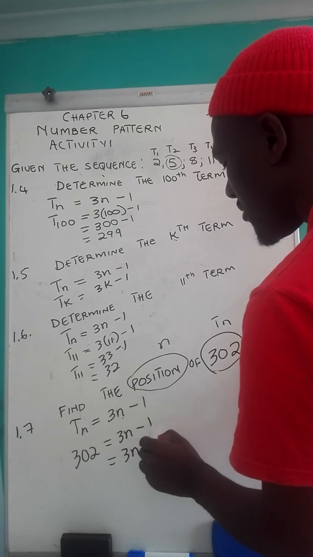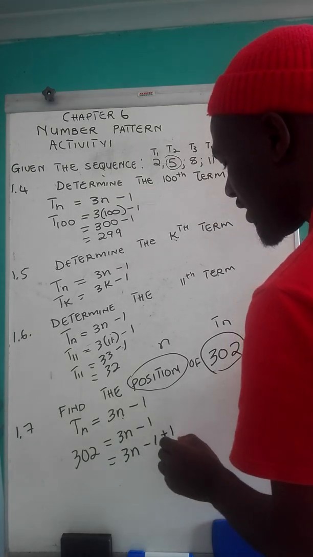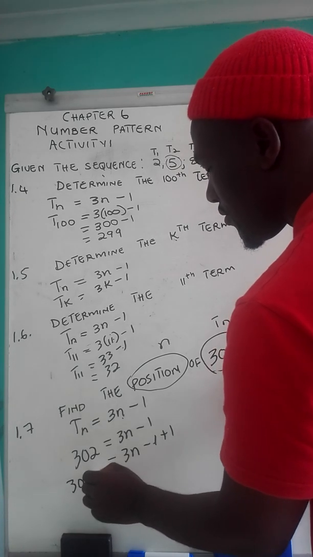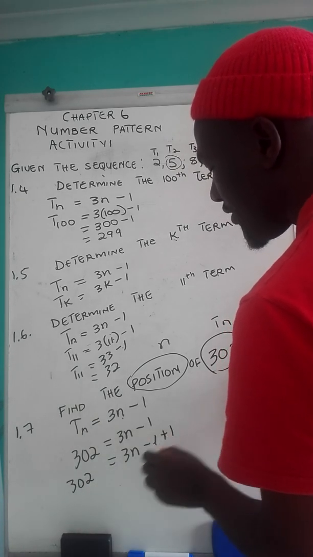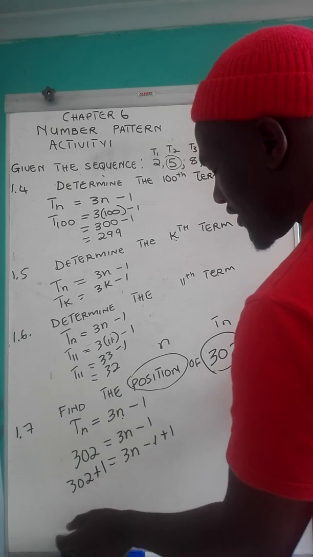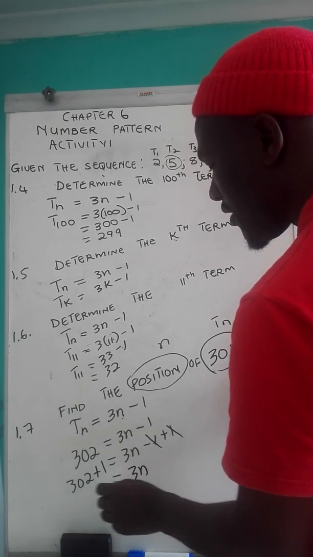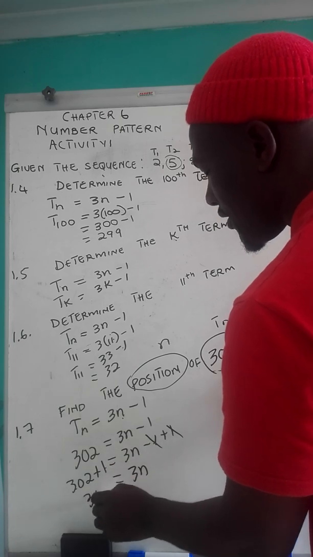This is 3n minus 1 plus 1, an additive inverse. This is 302. If you add 1 to this side, you must add 1 to the other side. This is 3n. This is 303.